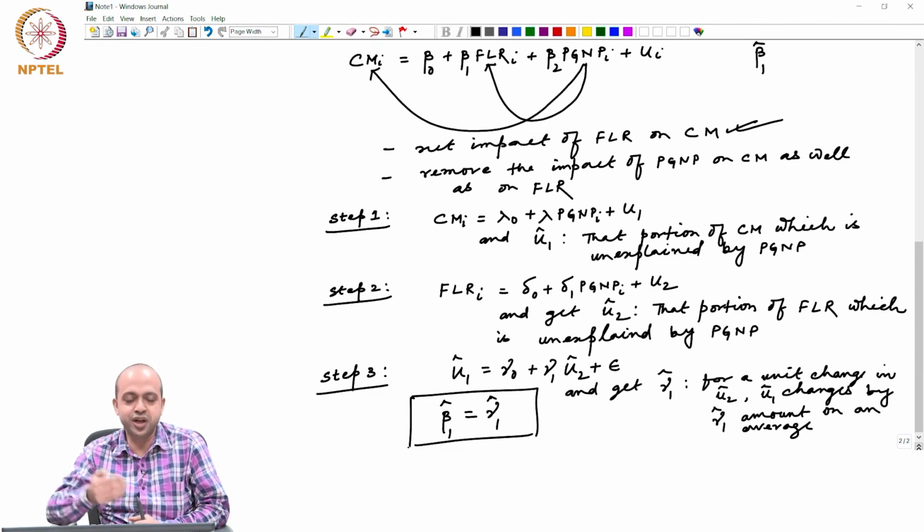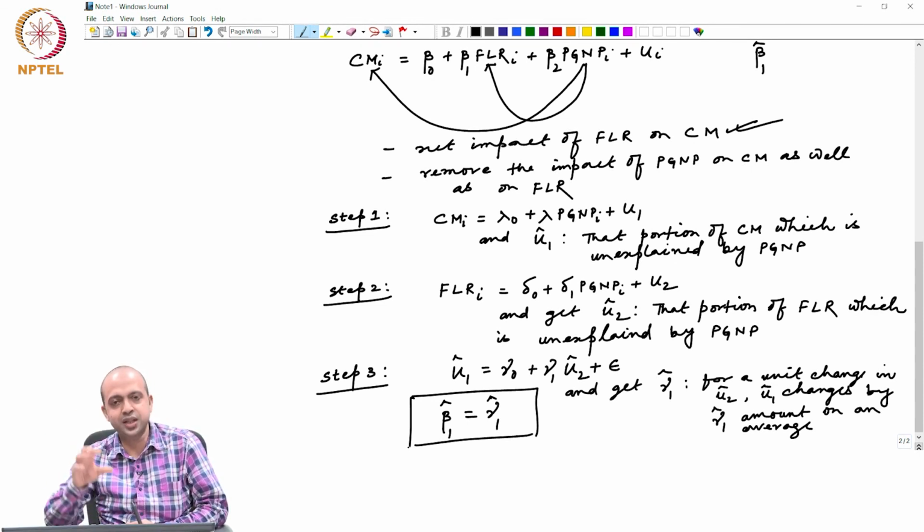Simply regress both CM and FLR on PGNP, and then we need to collect the predicted value of the error term. Since the predicted value of the error term captures the impact of omitted variable, that means we can say that at least this portion is not explained by PGNP. We are doing this and then we are regressing one error term on the other so as to get the net impact of FLR on CM, which is nothing but beta 1 hat.